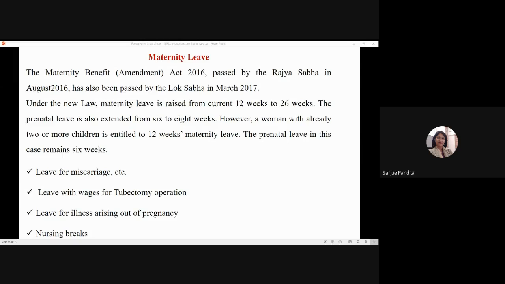And in case of civil servants, they are entitled to a maternity period of 180 days for their first two live born children. Further, every establishment having 50 or more employees shall have the facility of a creche within such distance as may be prescribed, either separately or along with the common facilities.